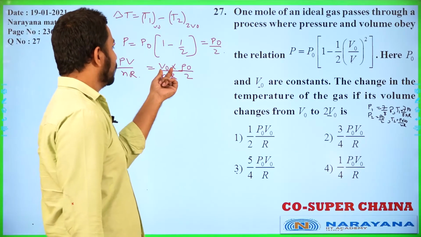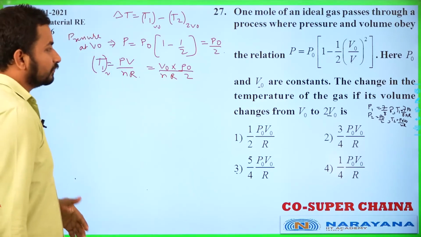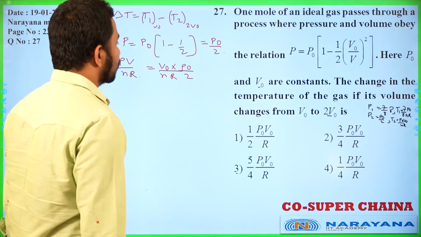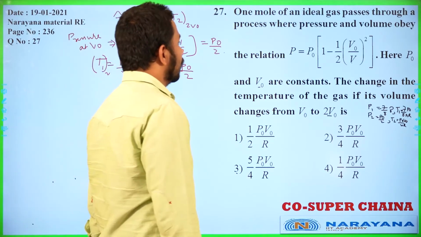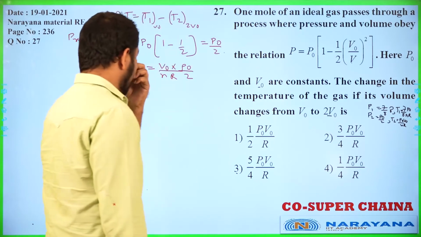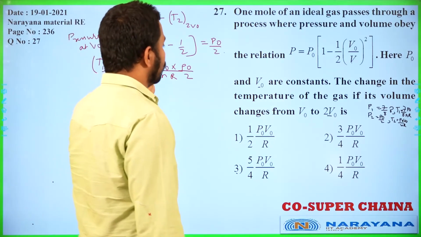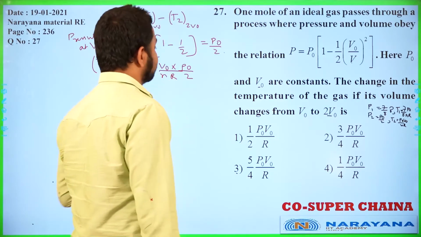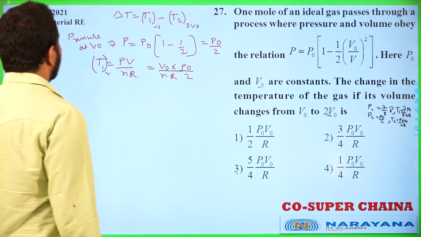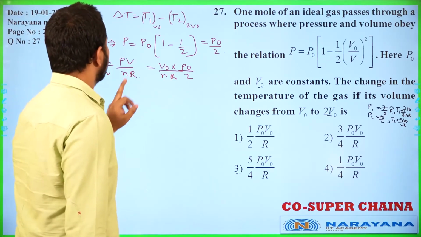So this is coming to be V0 P0 by 2nR. If you substitute the values V and V0, we got P0 as this one. This is the value of T1 we are getting.